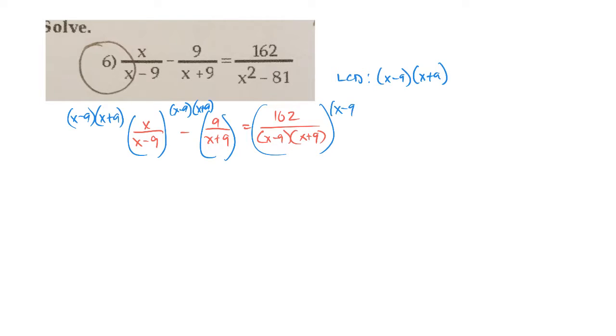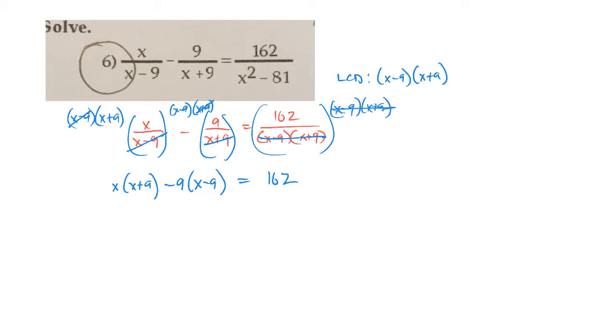So in the first one, the x minus 9's cancel, and I'll be left with x times x plus 9. The x plus 9's cancel, I'm left with -9 times x minus 9 equals, this whole thing cancels, so it equals 162.